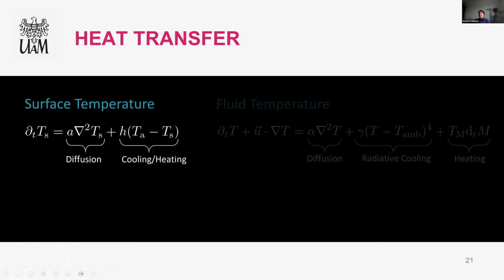Then we assume there is a cooling or heating component as well, coming from Newton's cooling or heating law, where we look at the difference between the ambient temperature and the current temperature of the surface element times some kind of scaling coefficient. This tells us the conduction of heat between the air surrounding our surface element.